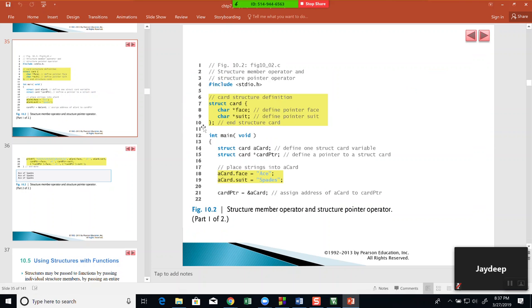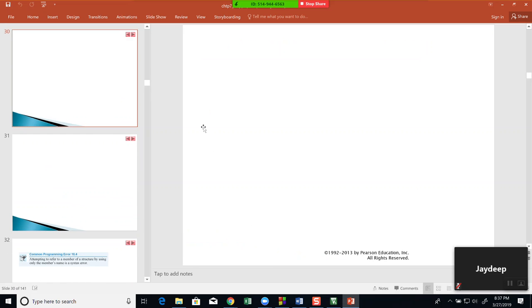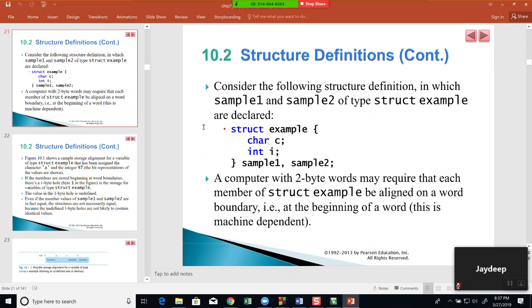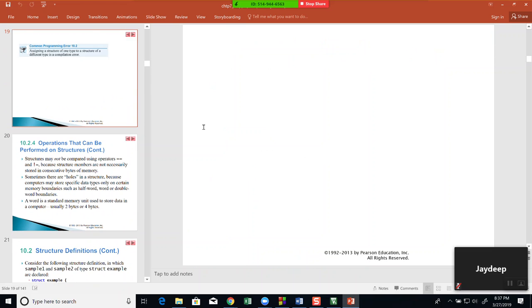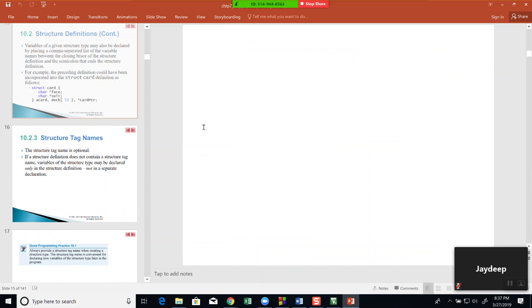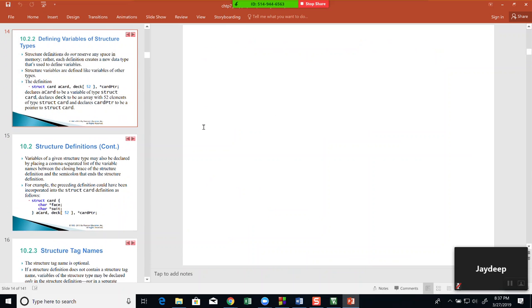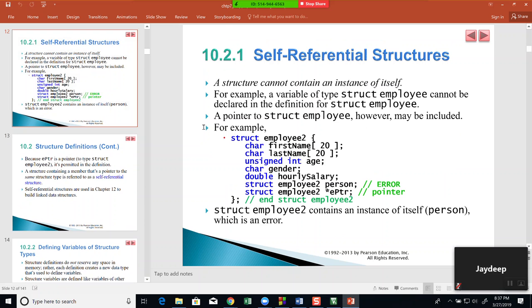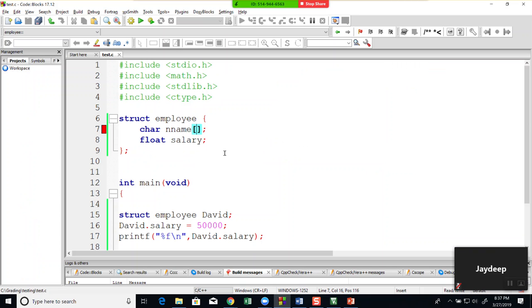Let's see where it's at. Input the number 20 in name.